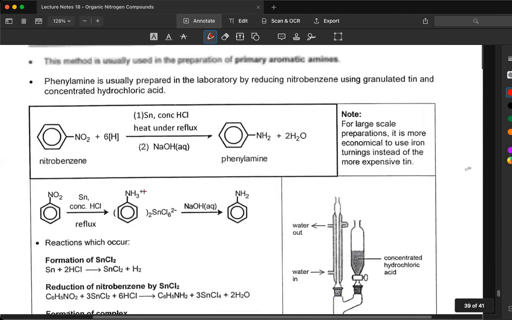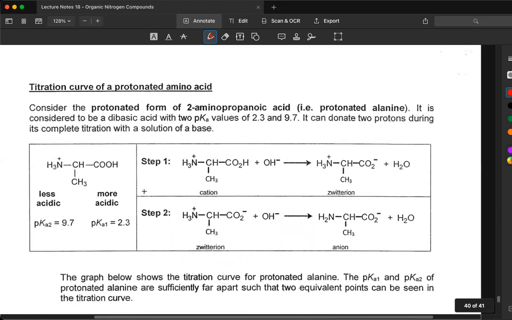But this is important: the titration curve of the protonated amino acid. So you have 2-aminopropanoic acid. It is considered a dibasic acid with two pKa values, so it can donate two protons during its complete titration. In step 1, you have reaction with OH minus, which removes the proton from this one.